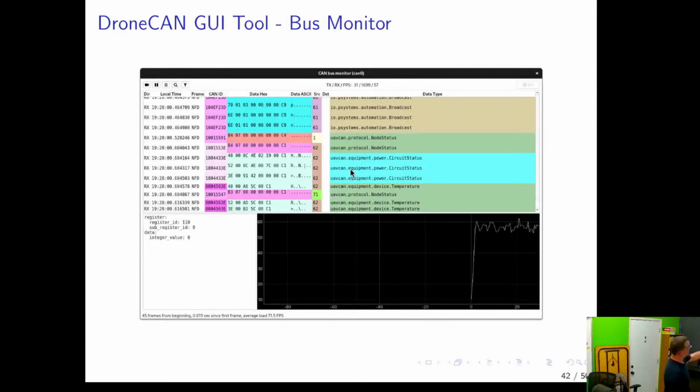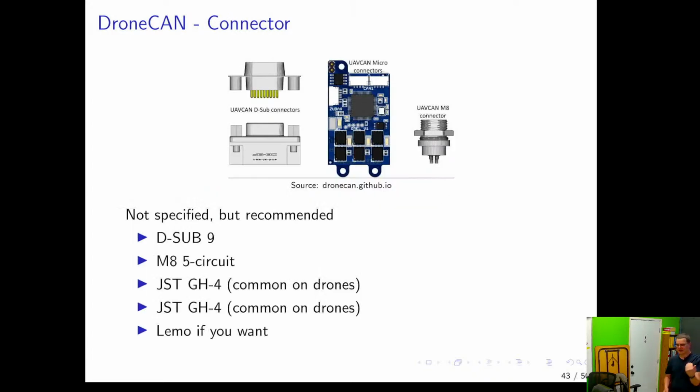These three circuit status messages all have the same source ID, but inside each one there's a circuit ID field that sets the thing, which is specific to each message. So there are three ways to differentiate them.